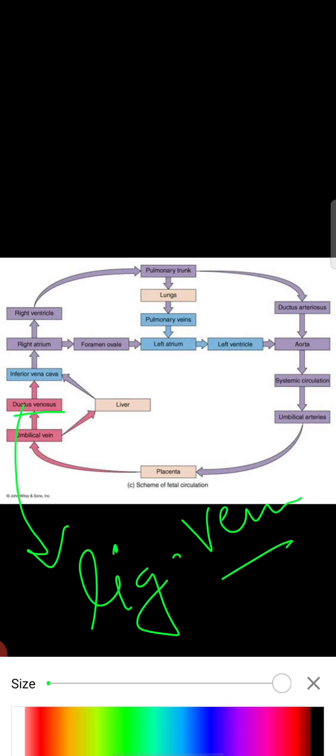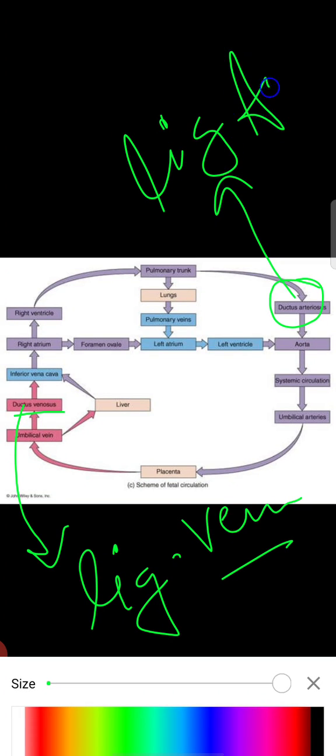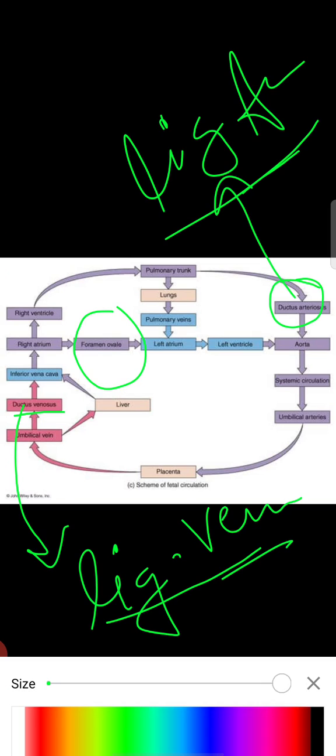Then another shunt is the ductus arteriosus, which becomes totally closed about 4 days after birth and forms a fibrous ligamentum arteriosus. So the ductus venosum changes into the ligamentum venosum, and the ductus arteriosus changes into the ligamentum arteriosus. One more important shunt is the foramen ovale, found on the septal wall between the right atrium and left atrium.